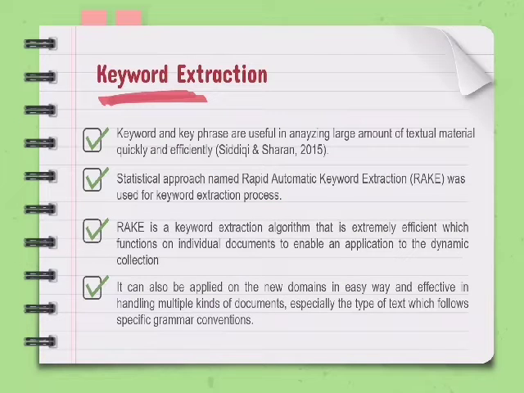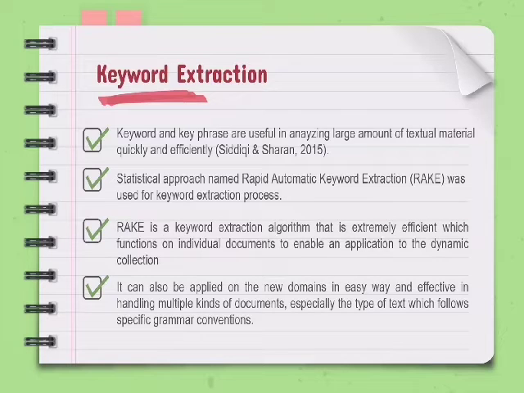So for keyword extraction, keywords and key phrases are useful in analyzing large amounts of textual material quickly and efficiently, based on Siddiqui and Sharan 2015. A statistical approach named Rapid Automated Keyword Extraction, or RAKE, was used for the keyword extraction process.